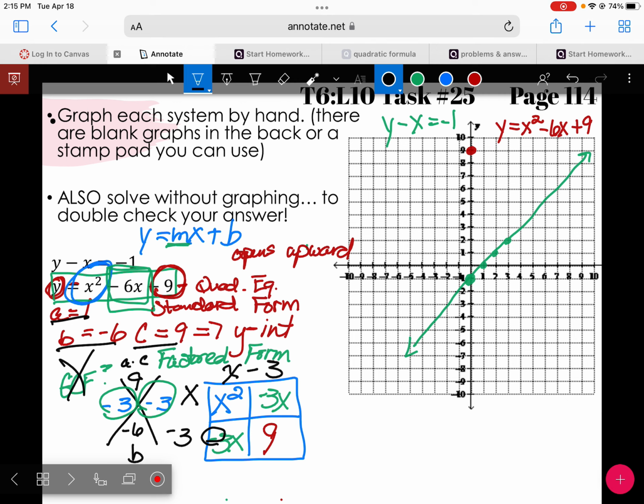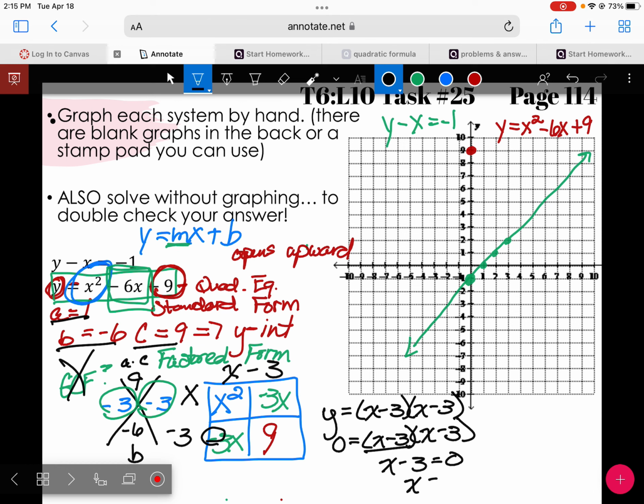So my factored form is y equals x minus 3 times x minus 3. And if I set that equal to 0, I am getting a double root. And so if I say x minus 3 equals 0, then x must be 3. So that is my root. It is a double root. What does that mean?